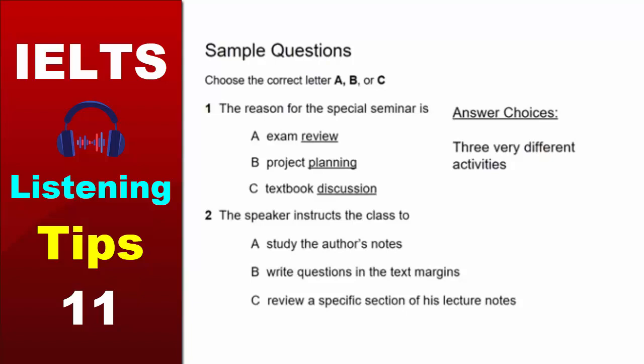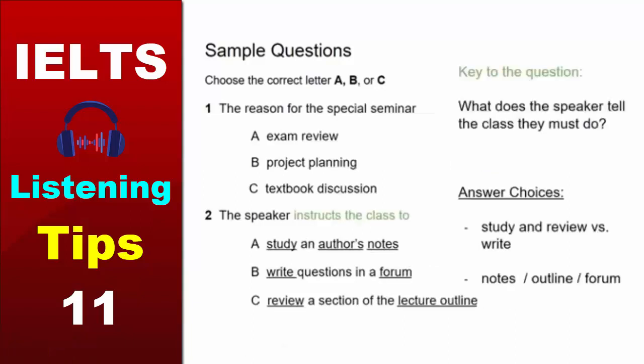Okay, so those are three very separate, very different types of things that could be described here, and those would be good things to notice, that those are our three options that will supply the reason for the special seminar. Okay, so those are the things I would underline and try to take a quick look at to analyze question number one.